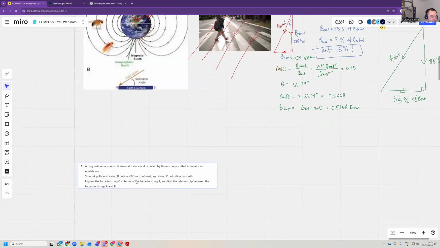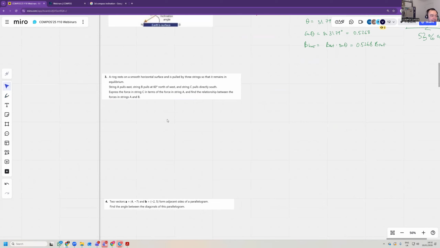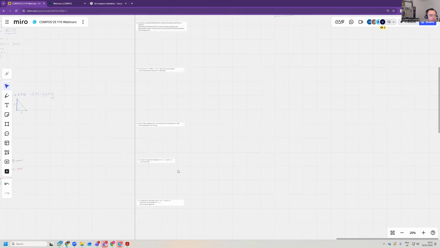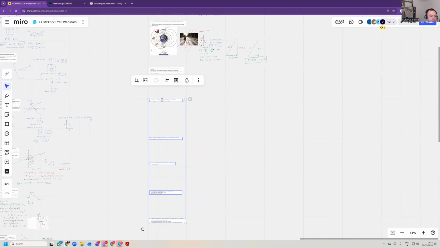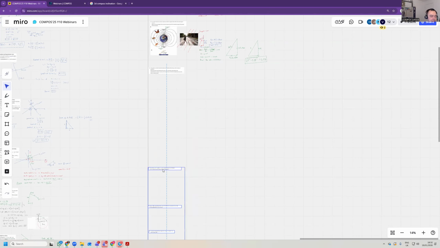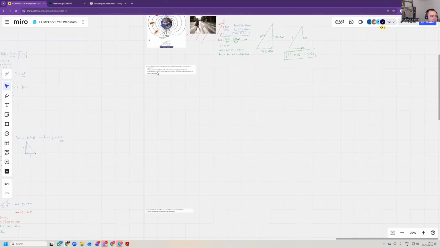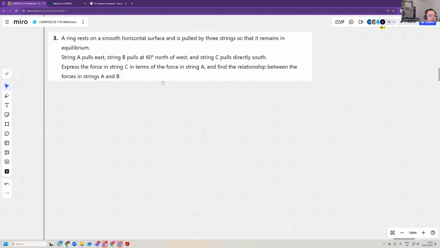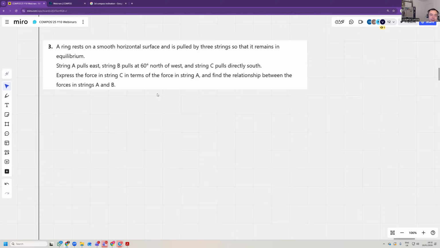Okay. Next, a ring rests on a smooth horizontal surface and is pulled by 3 strings so that it remains in equilibrium.